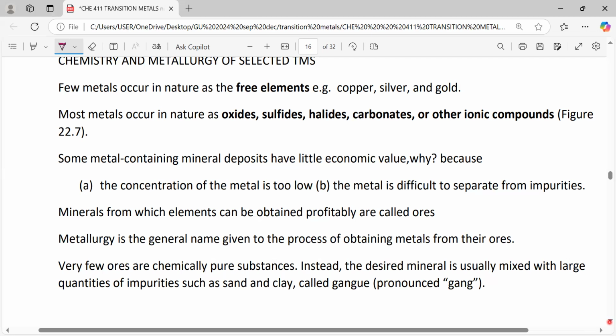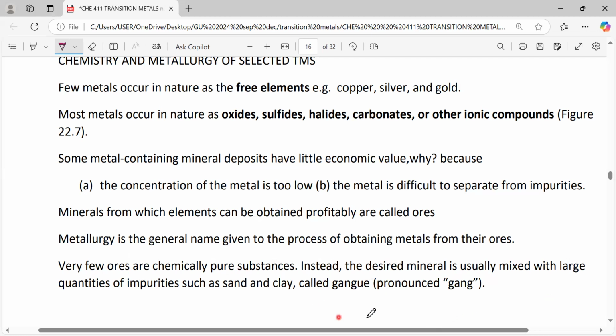Metallurgy is the name given to the process of obtaining metals from their ores, or it's just the processing of an ore to isolate your pure metal. Few ores are chemically pure. Instead, the desired mineral is usually mixed with large quantities of impurities like clay, sand, and so on.